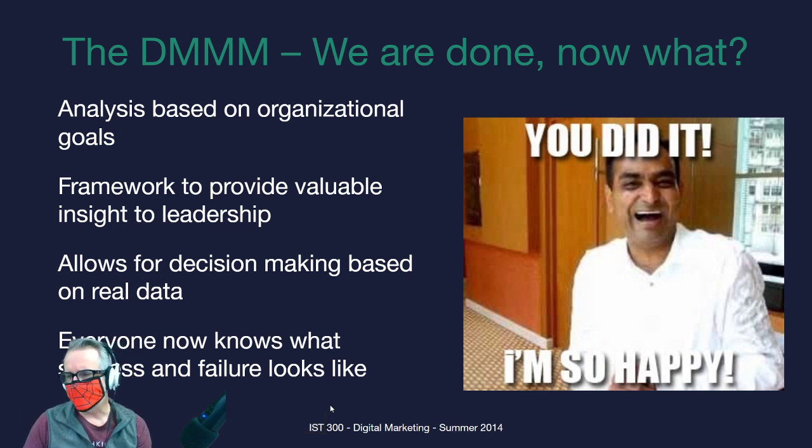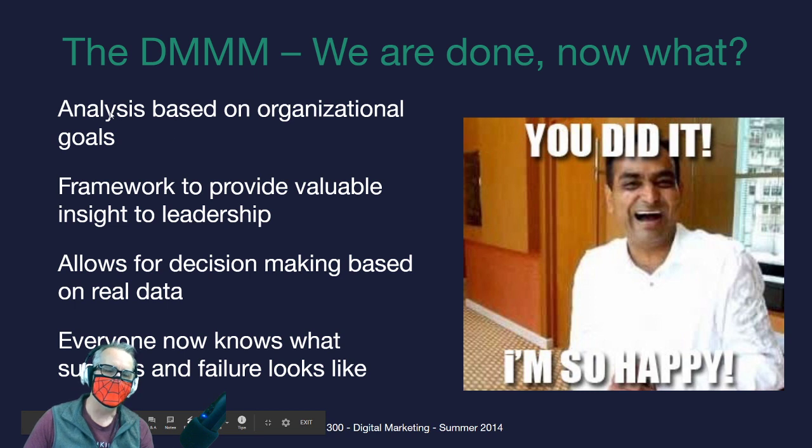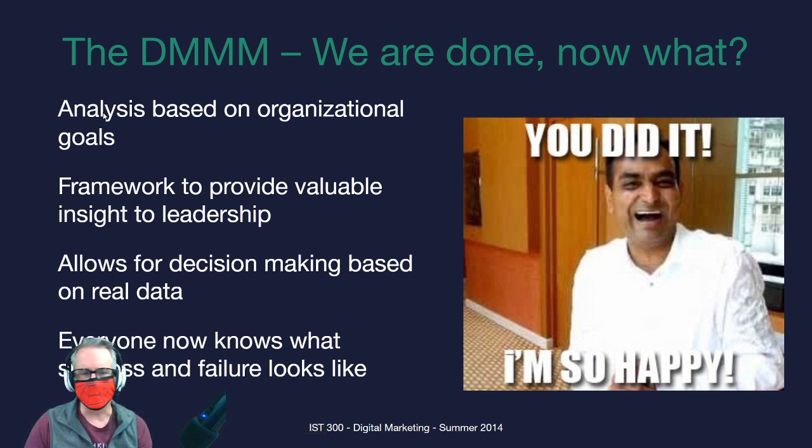All right, so now we're done with the digital media marketing model. And what are we going to do now? Then from that, you're going to analyze all the information that you gleaned. It gives you a nice big framework to provide valuable insight to leadership, so you can go to your bosses and say, all right, this is some stuff we learned from our website, and then you can go ahead and make decisions based off of that data that you collected.